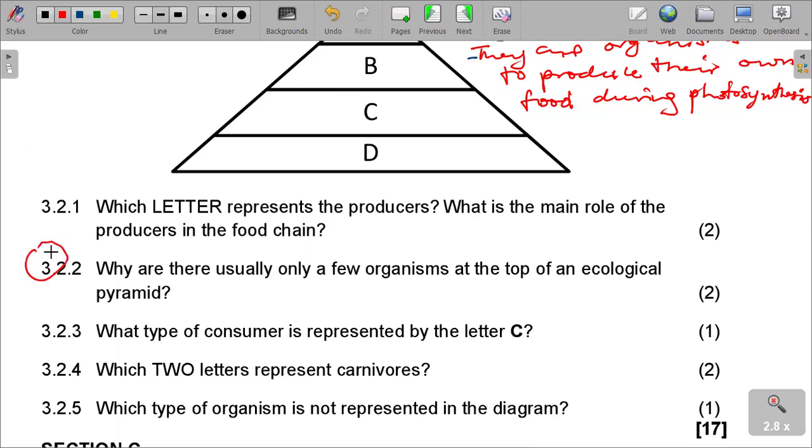So this question 3.22, we are saying one, the organisms in each level use most of the energy.